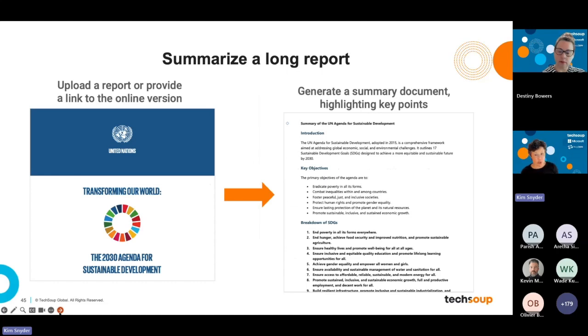One of my favorite uses of generative AI is: read a long report for me and generate a summary document highlighting key points. That is super helpful. I can't possibly read all the stuff that I want to read, but I can get an outline, and I can also ask the AI, where is this?